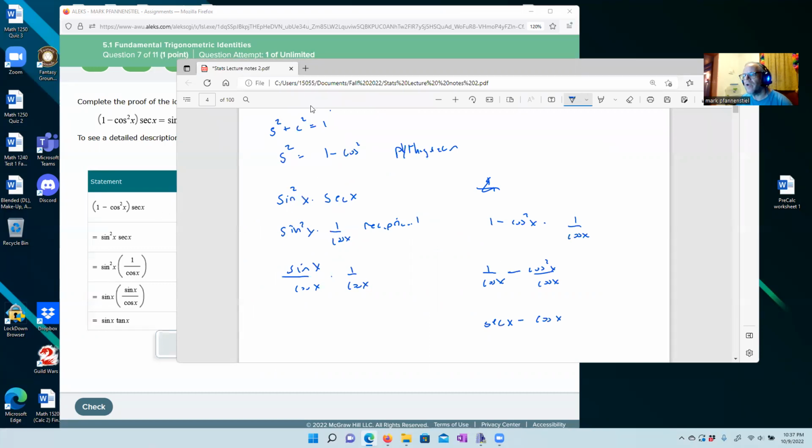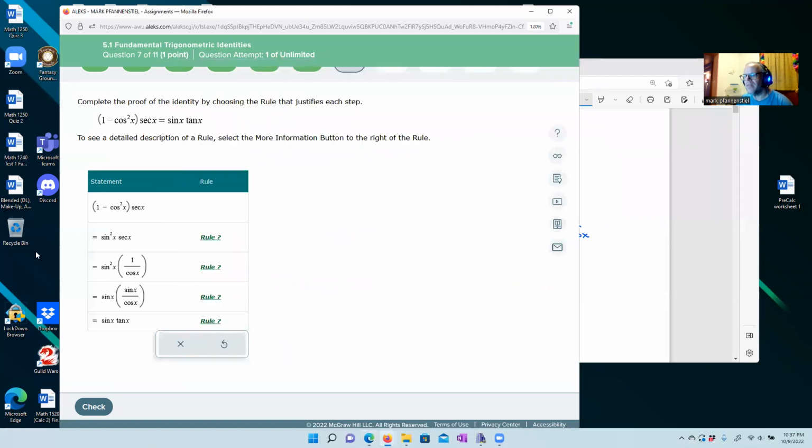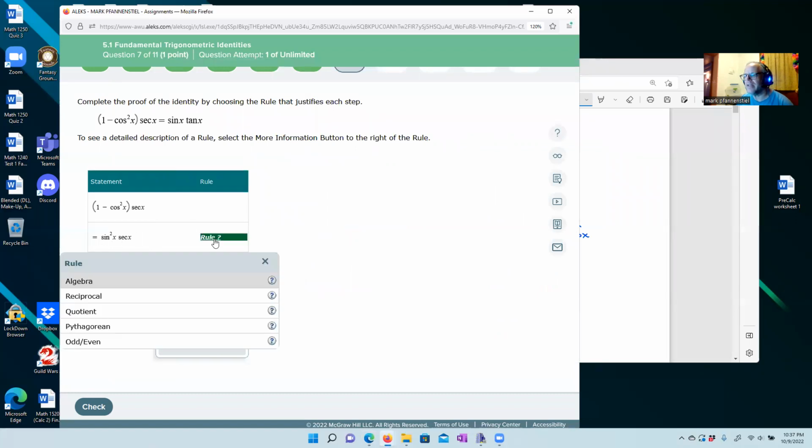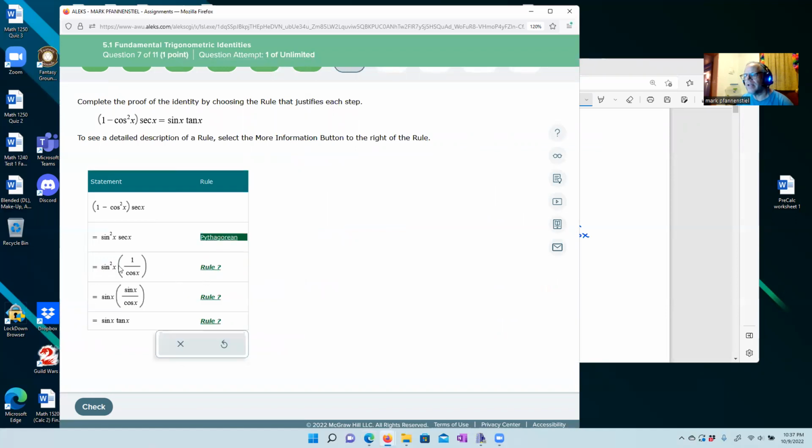Well, I do kind of like the sine squared x thing going on here. So why don't we pick the sine squared x? Okay, I like sine squared. That was Pythagorean. So we've got sine squared times 1 over cosine. Now what do we want to do with that?